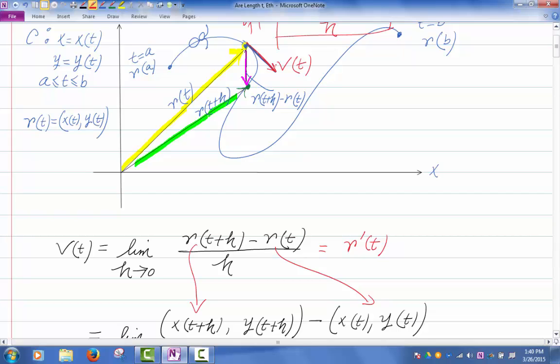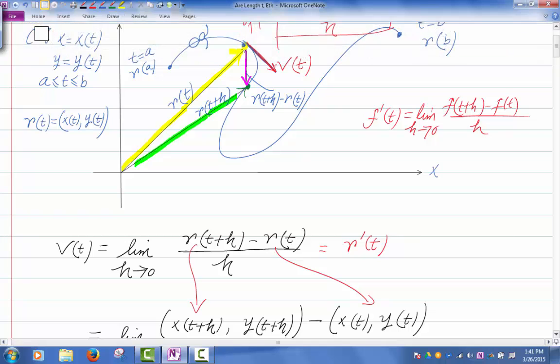If you look back in Calc 1, that was the definition of the derivative. What was the definition of f prime of t for a real valued function? It is the limit as h goes to 0 of f of t plus h minus f of t over h, right? So r prime of t is that limit, and that's the velocity.